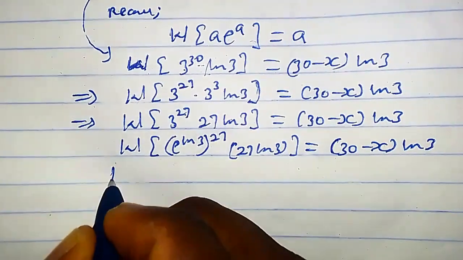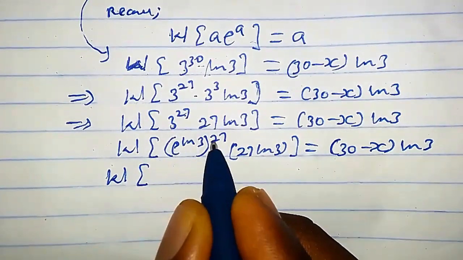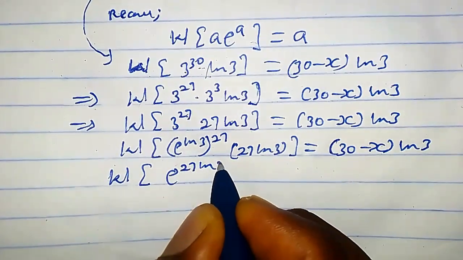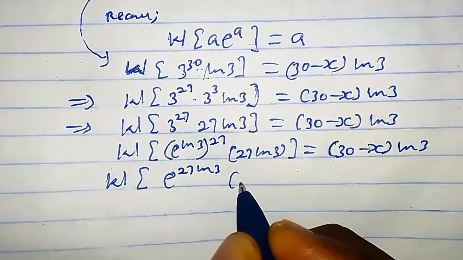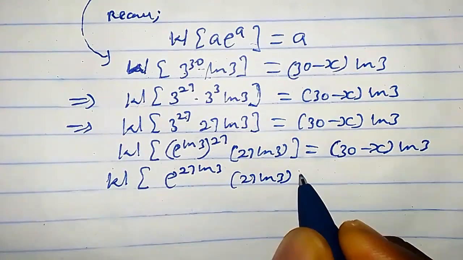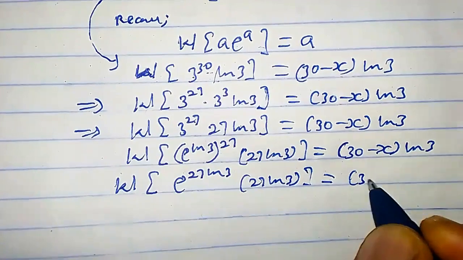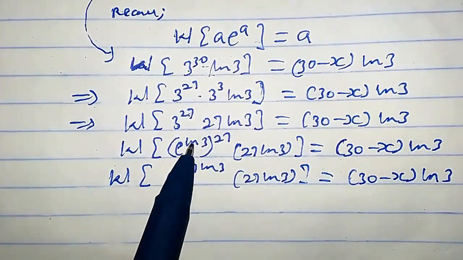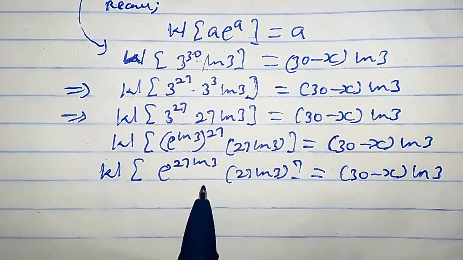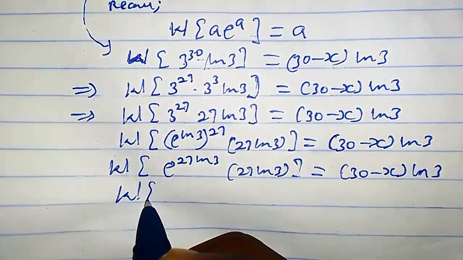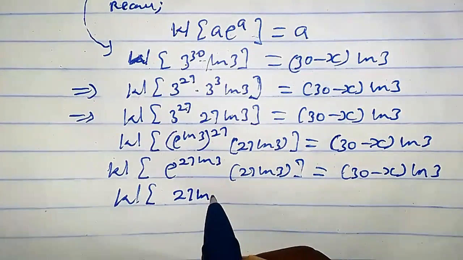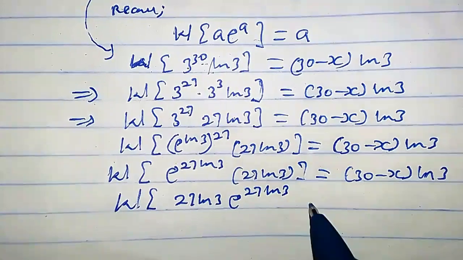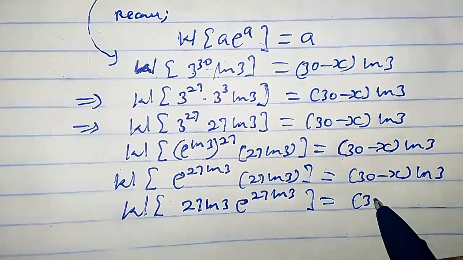Applying rules of indices to this guy, we're going to have exponential 27 ln 3 times 27 ln 3, which is equal to 30 minus x ln 3. That is, we just use 27 to multiply ln 3. So let us rewrite this guy. We're going to have W of 27 ln 3 times exponential 27 ln 3, which is equal to 30 minus x ln 3.